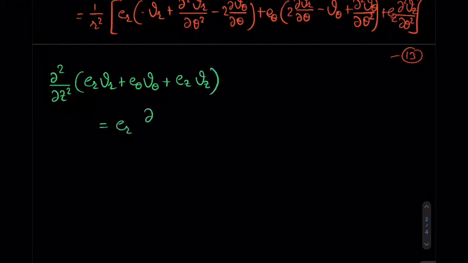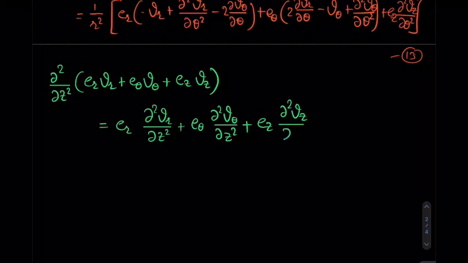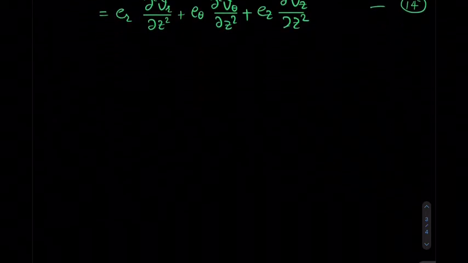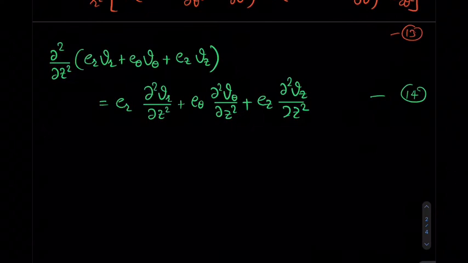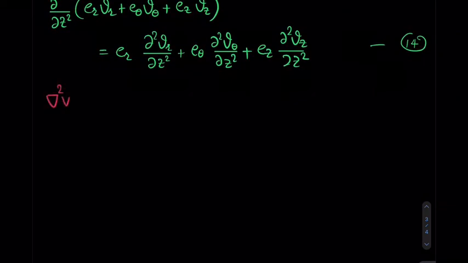So it equals er into d2 vr over dz squared plus e theta into d2 v theta over dz squared plus ez into d2 vz over dz squared. So let it be equation 14. Okay, so now we have all the terms deduced one by one. So let us copy them into one equation.